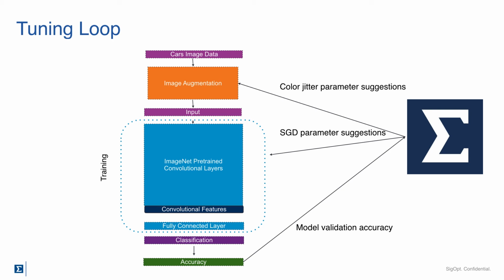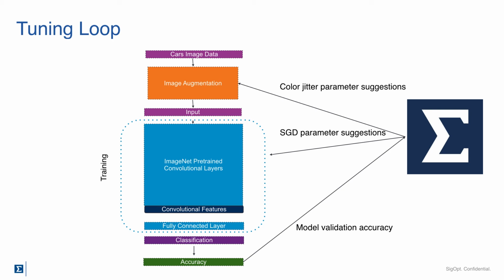And really what we see happening here is that we're able to leverage a technique such as Bayesian optimization to inform a classically uninformed, unsupervised process that is image augmentation.